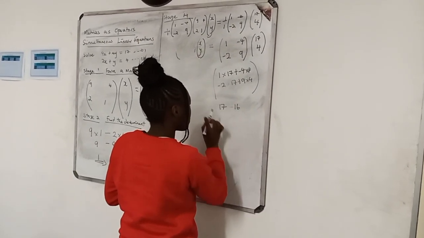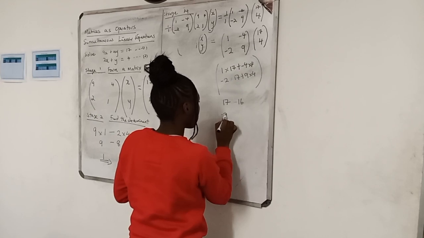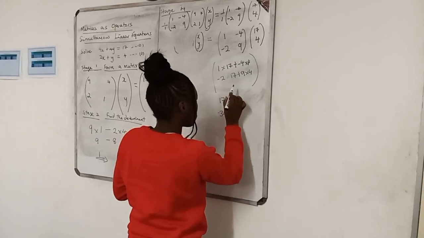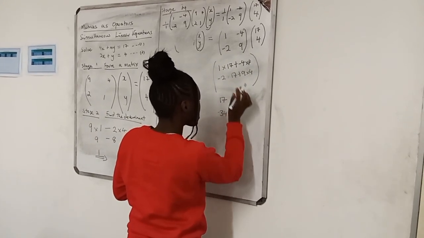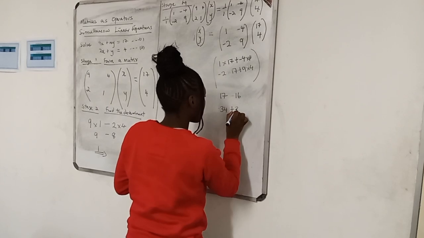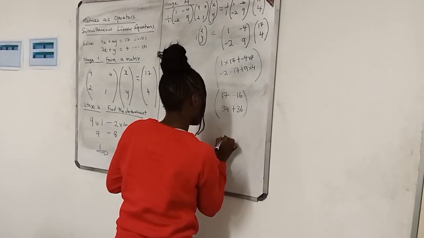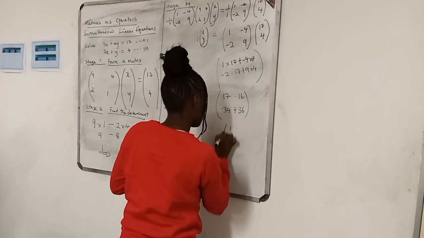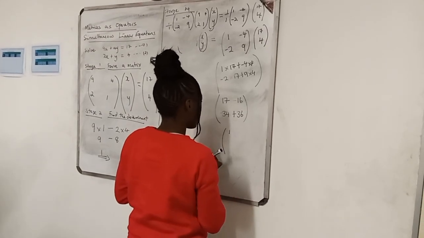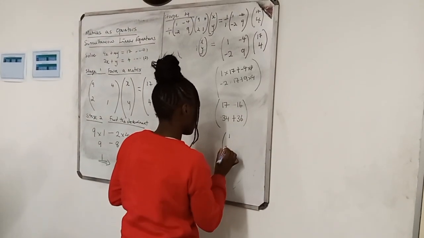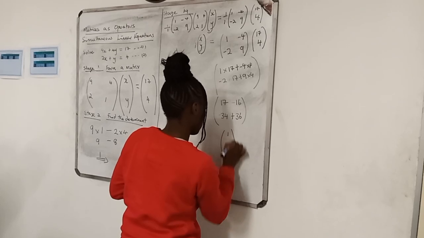Minus 2 times 17 is minus 34, plus 9 times 4 is 36. 17 minus 16 is 1, and minus 34 plus 36 is 2.